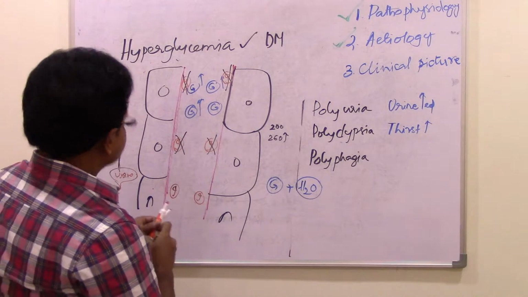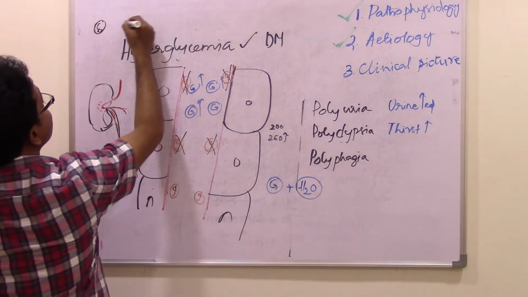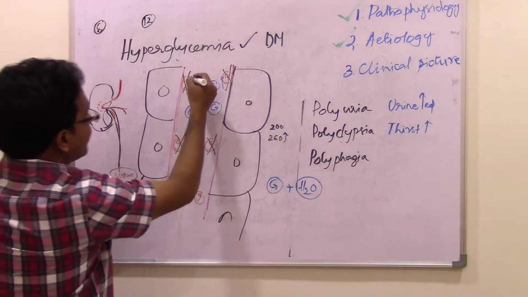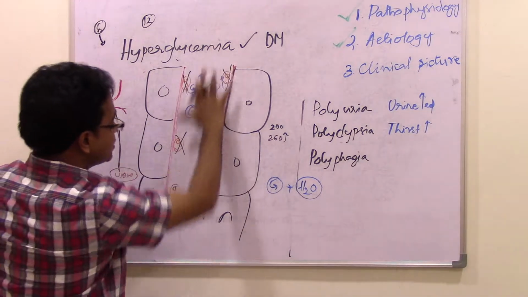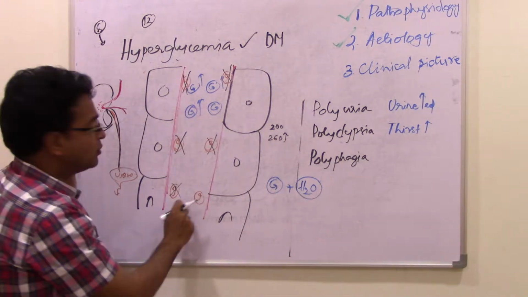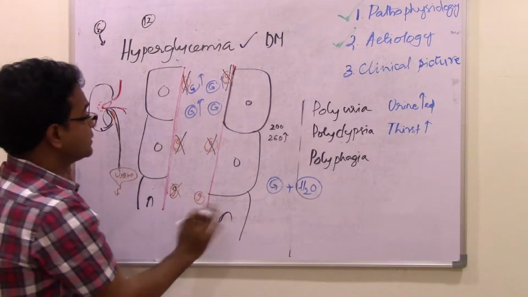Okay. Now somebody had their meal at 8 o'clock and at 12 o'clock again they had lunch. After breakfast all the glucose had come. Instead of 6 people, now we have only one guy delivering the food to all the cells. Right?